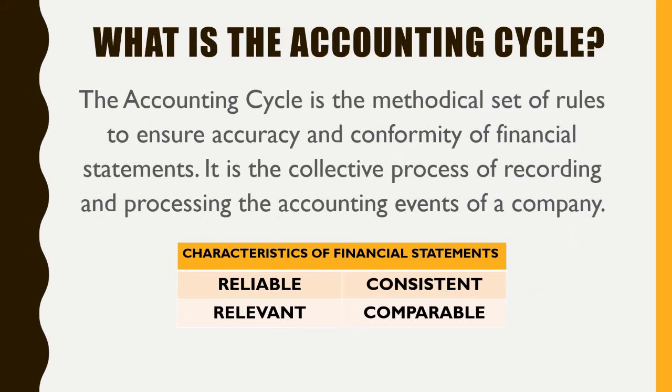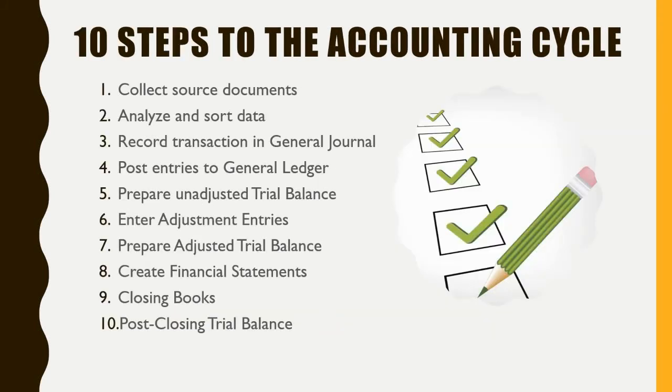What I really want you guys to know is there are four characteristics of financial statements. So the 2 R's and the 2 C's: relevant, reliable, consistent, and comparable. Okay. So let's go ahead and dive into the 10 steps of the accounting cycle.